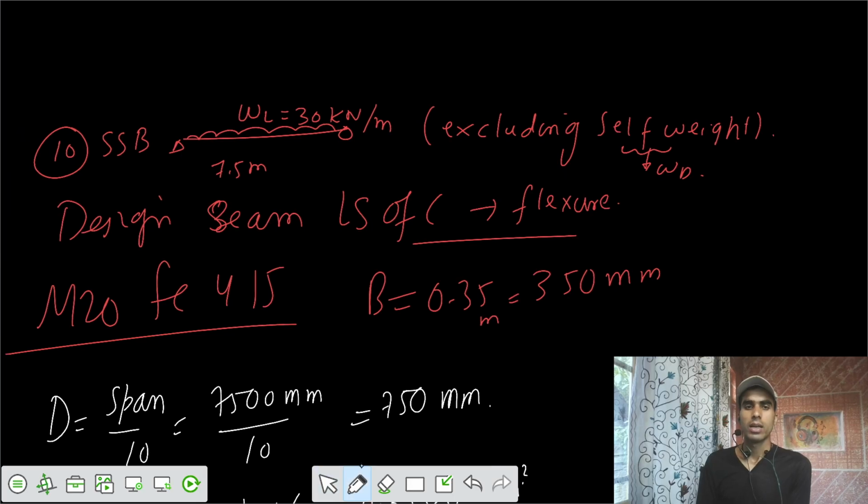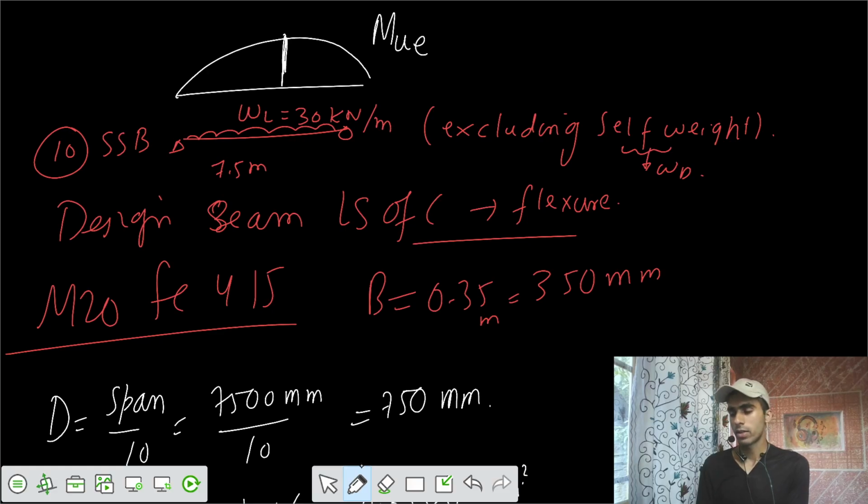For the total load, the maximum peak of the bending moment diagram, the factored bending moment Mu, would be 1.5 wl square by 8.